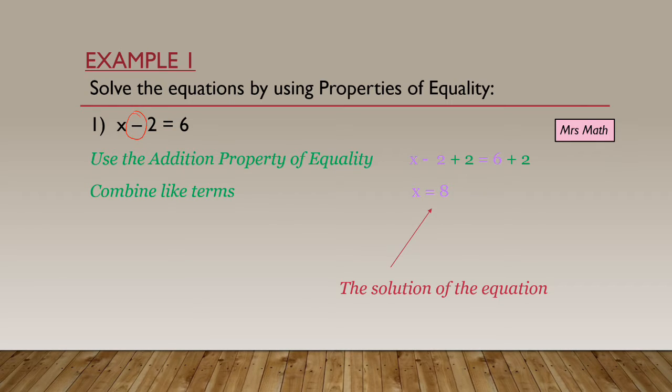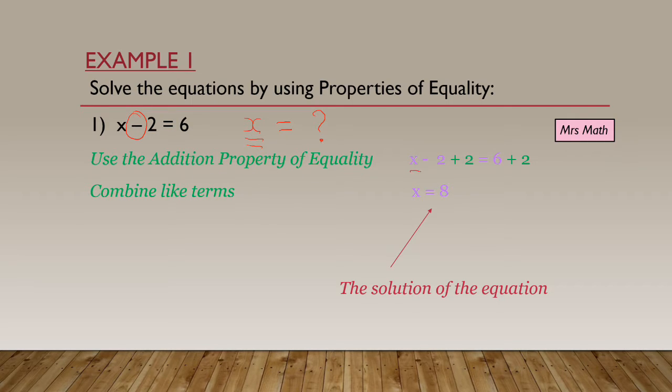We want to reach x equals what? So we need to isolate x. To isolate x from the minus 2, we do the inverse operation of minus, which is addition. So we use the addition property of equality.